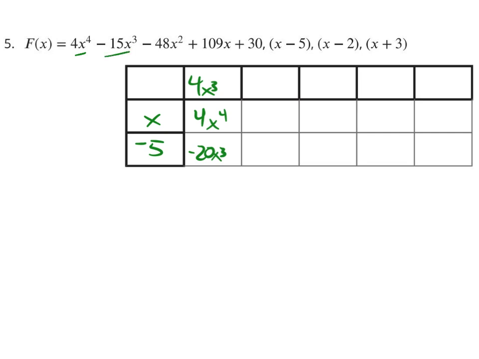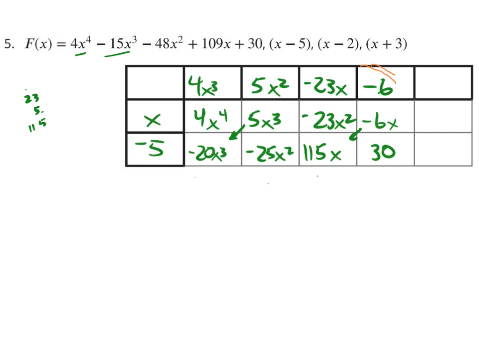Now I got to go my x cubed terms. Negative 15. 5x cubed. Adding, I get 4x to the 4th. Negative 15x cubed. 5 times negative 5 is negative 25x squared. Okay, I checked the math, and this is my answer.